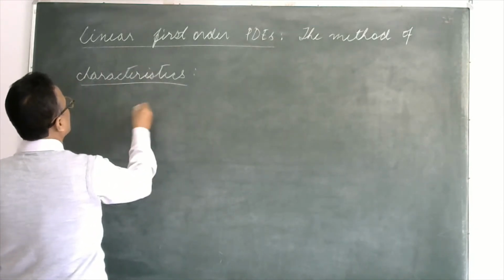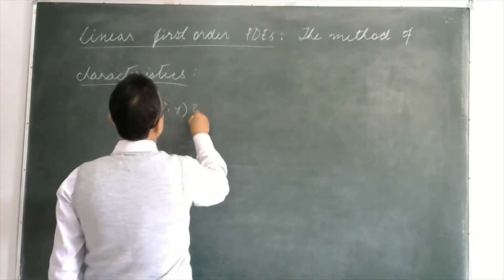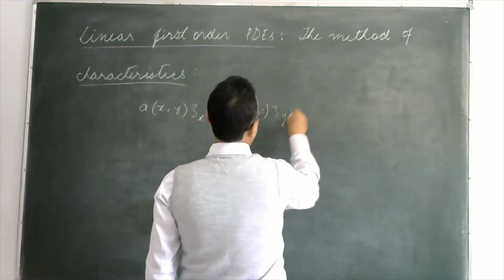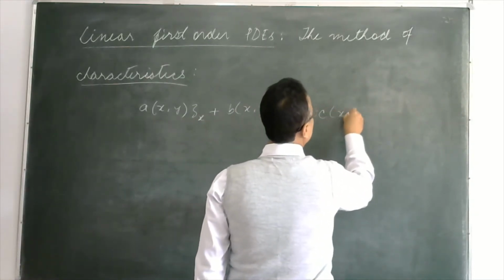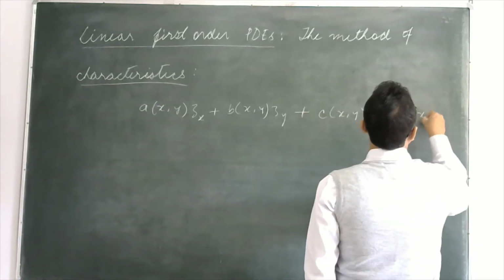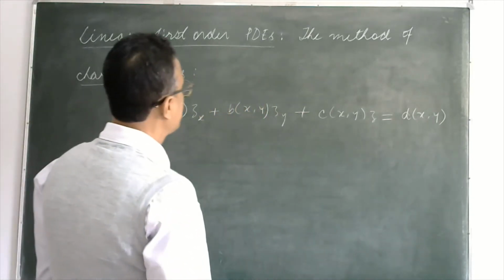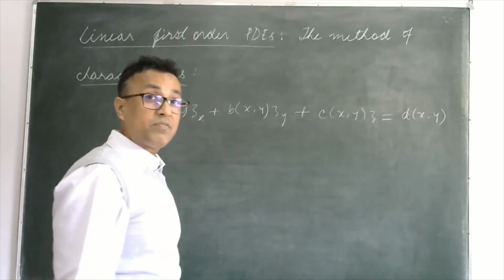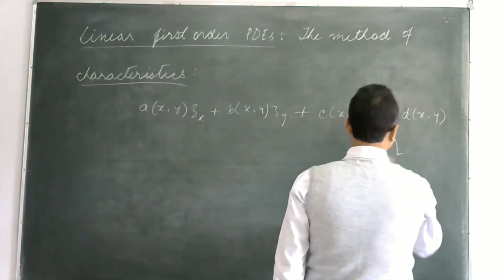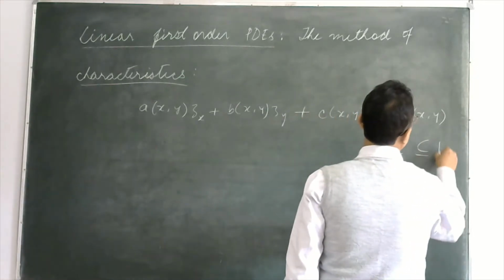Suppose it is given in the general form a(x,y) u_x plus b(x,y) u_y plus c(x,y) u is equal to d(x,y). Of course, a, b, c, d are functions defined in some region Omega in R2.